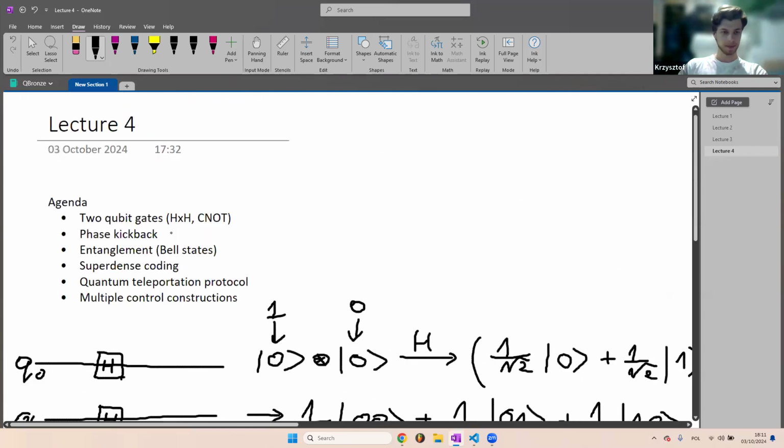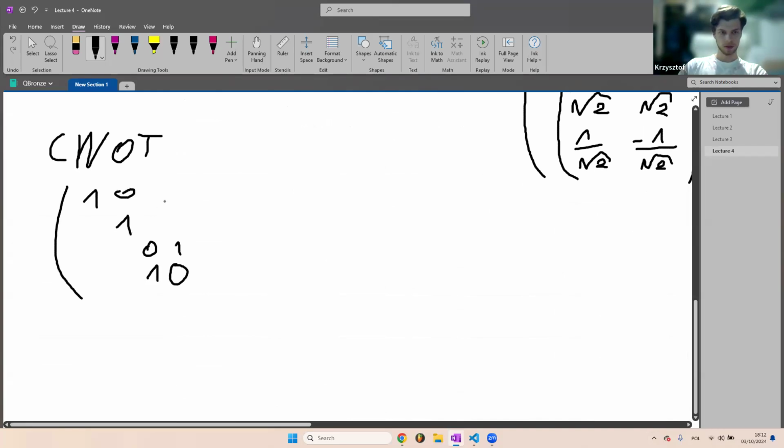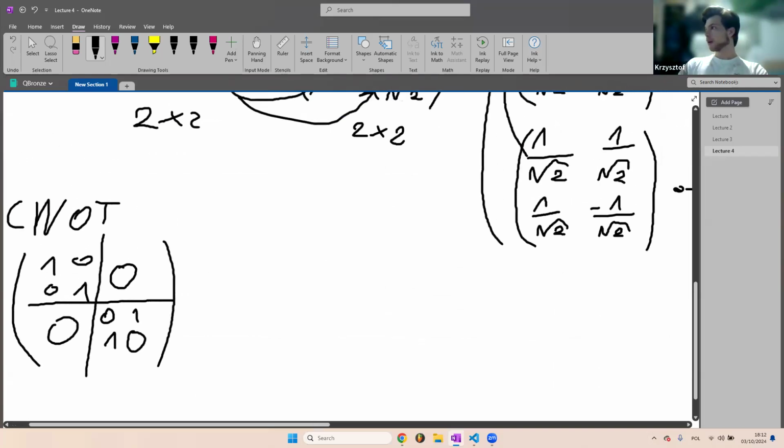Now let's talk about the CNOT gate. As we talked about before, the matrix representation of this gate is 1, 1, 0, 0, 1, 1, and here are all zeros. If I write this big 0, this means that all the entries in this 4 by 4 block are zeros, and it's just for faster writing.